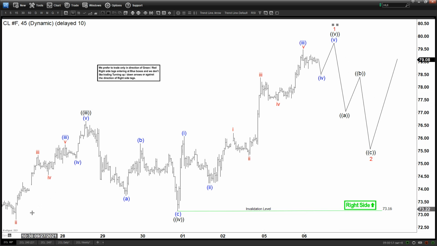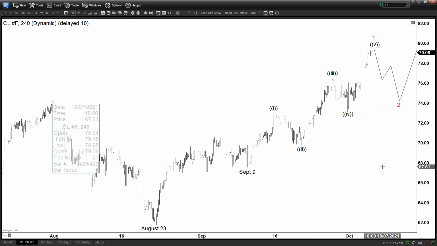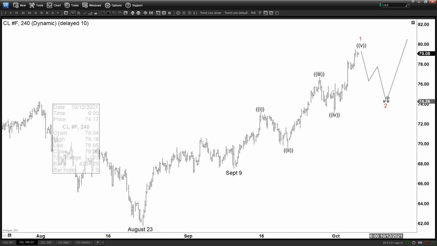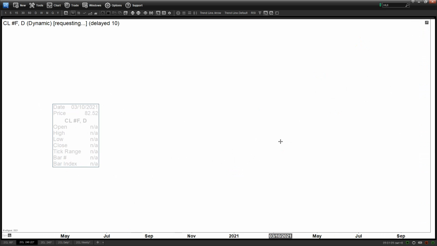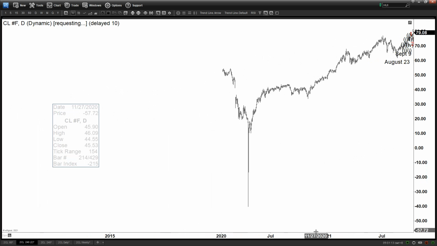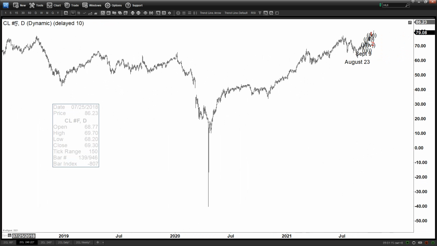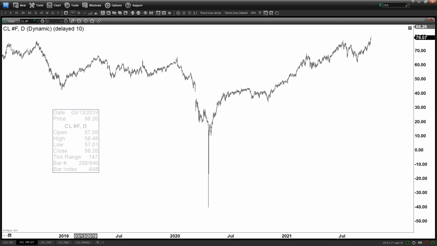Okay, so over here, the 4-hour again, looking for correction from September 9, and then from there we can go higher. Now let me zoom out again even bigger in the daily, and very interesting here. Now this one is CLF, which is not really the best one to look at.